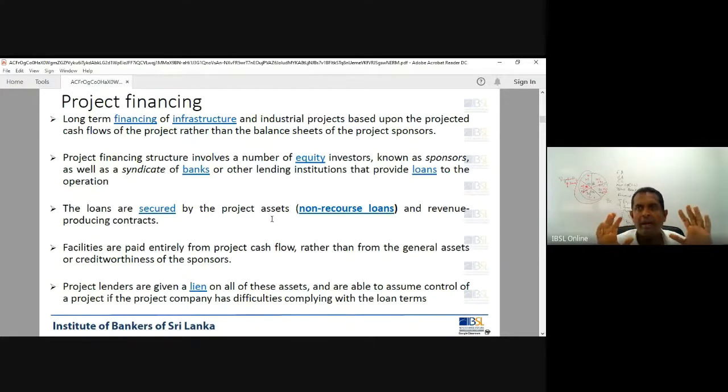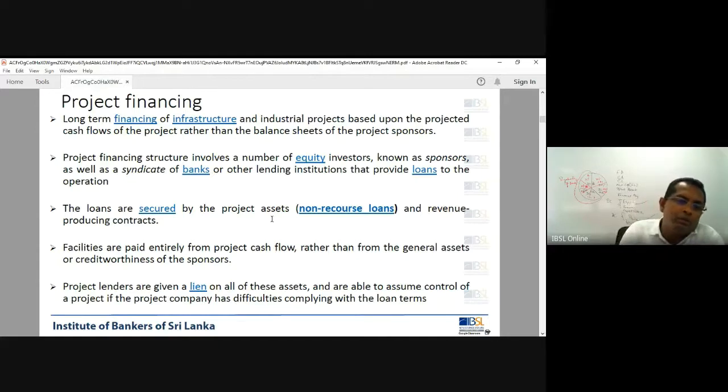If the project fails, the bank has to deal with the project, not with the sponsor. That's what non-recourse means, not based on the balance sheet of the sponsors. Facilities are paid entirely from project cash flows rather than from the general assets or creditworthiness of the sponsors.